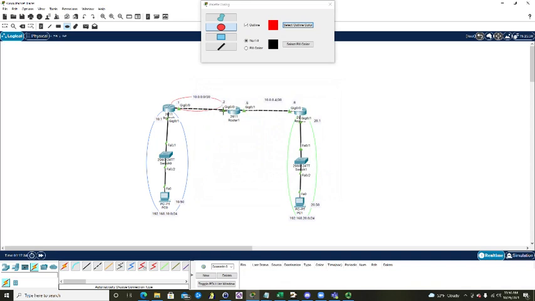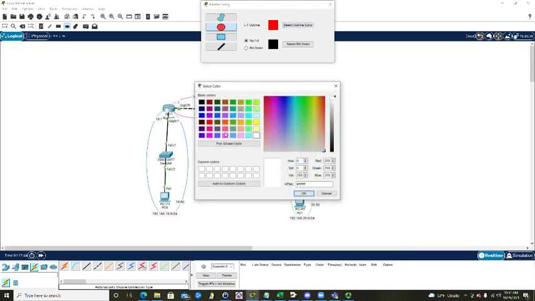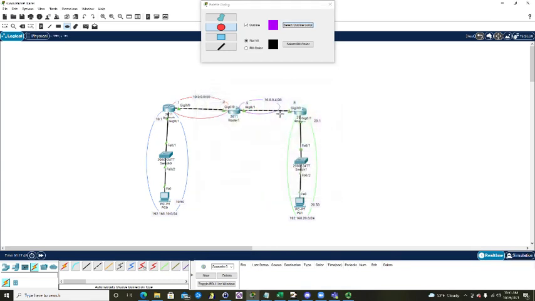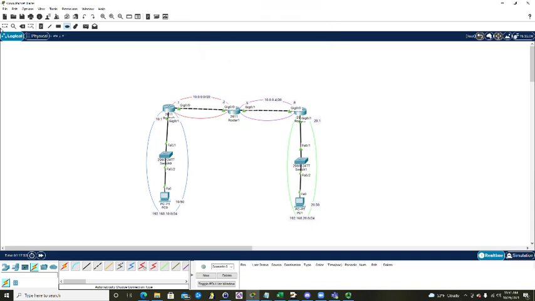And then we have two point-to-point networks right here: one between router 0 and router 1, represented by the 10.0.0.0/30 network in red, and our other point-to-point link between router 1 and router 2 at 10.0.0.4/30.